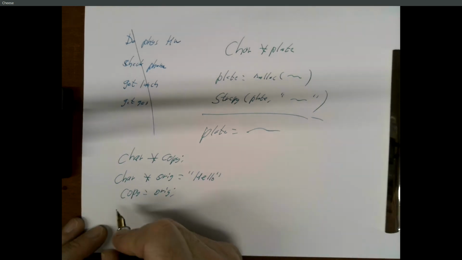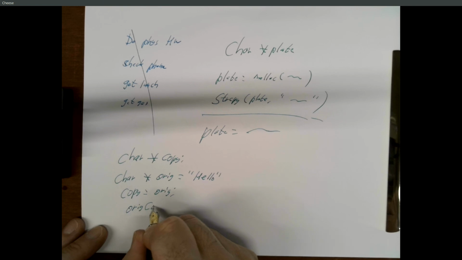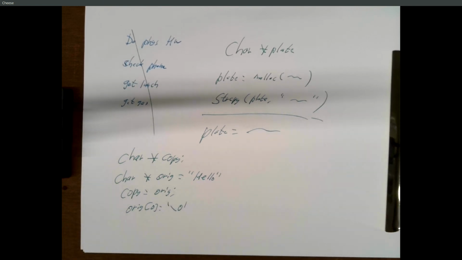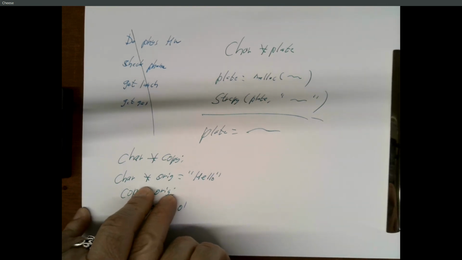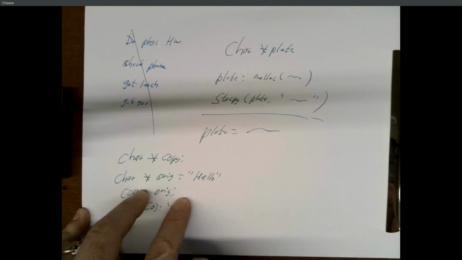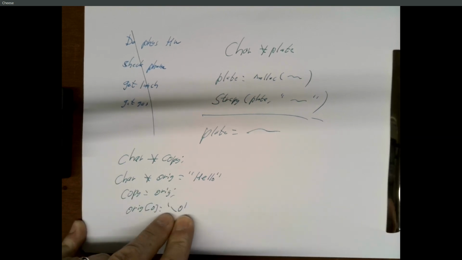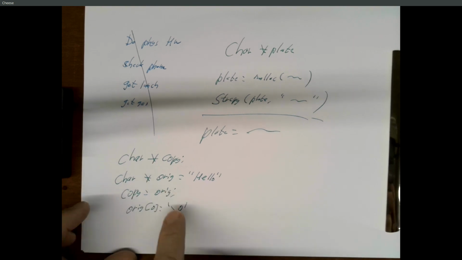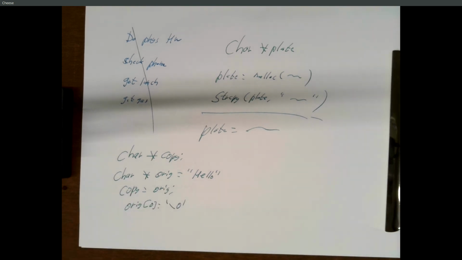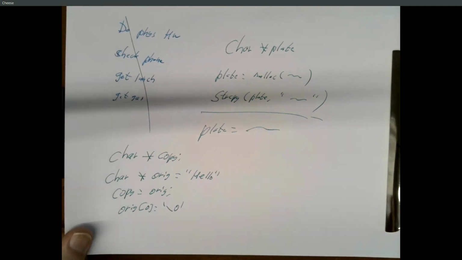But now if I say original bracket 0 equals null terminator, to change original from hello to an empty string, and now I print copy, I'll print an empty string. The reason is that original is an address in memory, the address where this string is stored. Now I'm taking what's at that address and putting a null terminator there. Copy has the same address. Yeah, the same address. This actually will give you runtime errors because you can't change a quoted string, but ignore that.